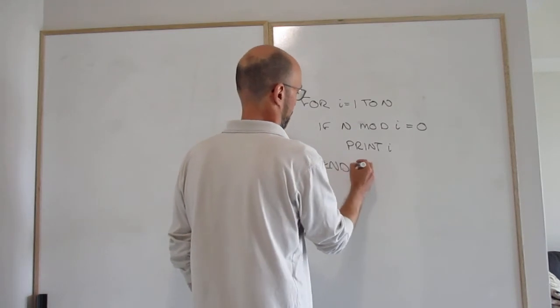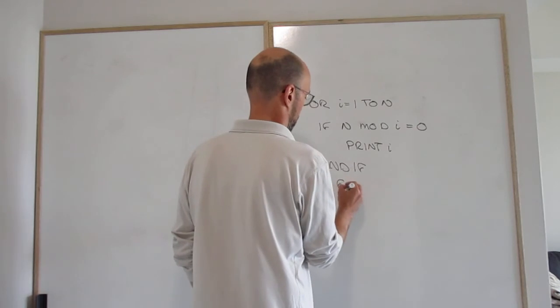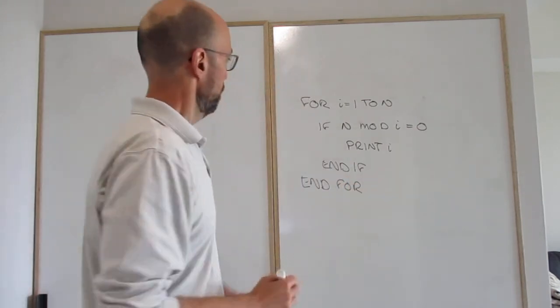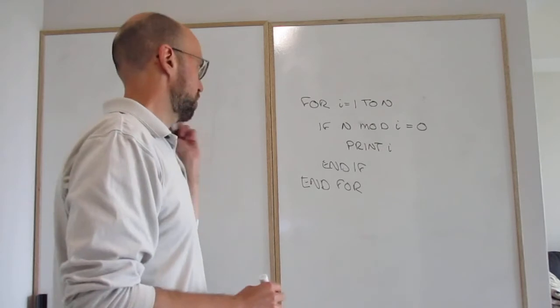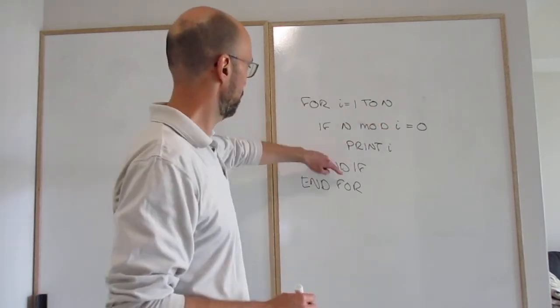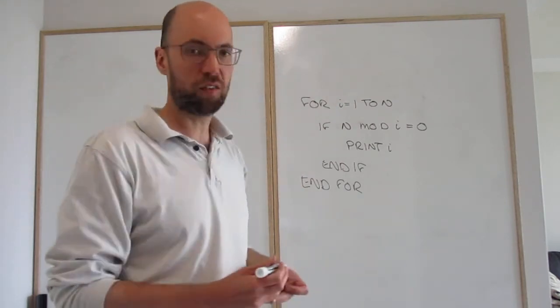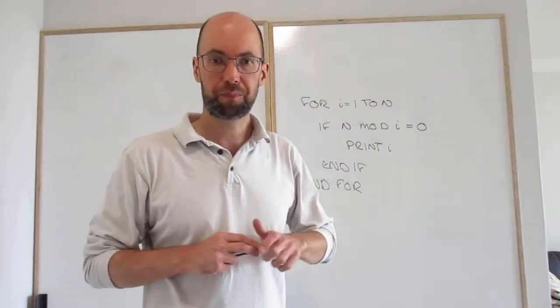A print statement is considered constant time, modulus is considered constant time. So this executes once per execution of the loop, and the loop executes n times.